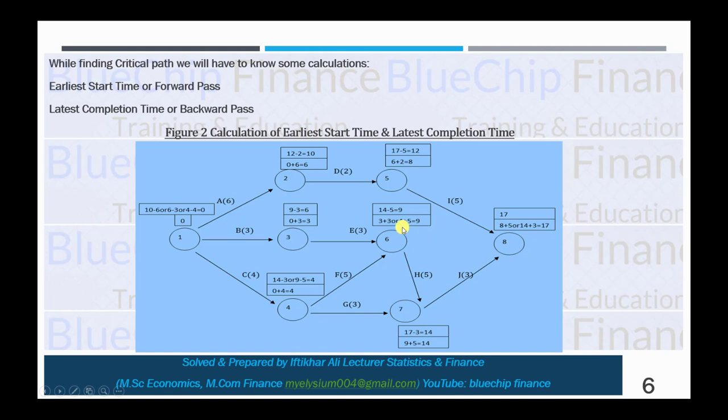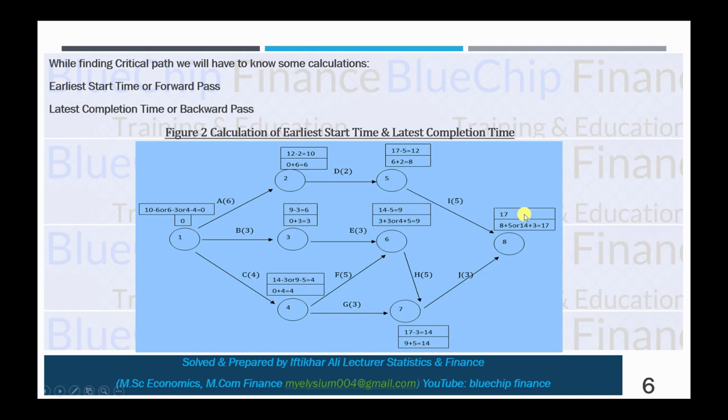Now we come to the calculation of backward pass. So how can we make the backward pass? The maximum forward pass should be taken now in the upper row, and the maximum is 17. So 17 minus 5 equals 12. In forward pass we add up, but in backward pass we subtract the average time taken by the activity.